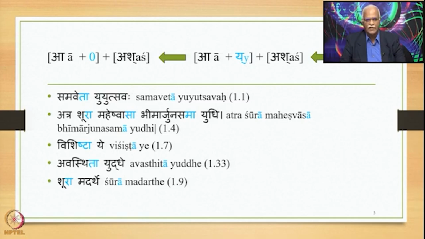Then Vishishta Ye is Vishishtaha and Ye. Avasthita Yuddhe is Avasthitaha and Yuddhe. Anye cha Bhavas Shura Madarthe Tyakta Jivitaha. You have Shura Madarthe, that is Shuraha and Madarthe.